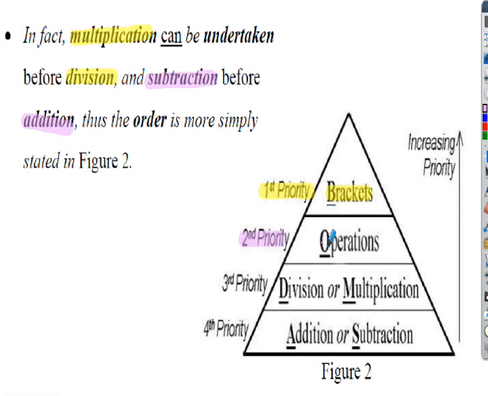The second priority will be the operations, the indices, etc. The third priority on our calculations will be division or multiplication. And the fourth priority will be addition or subtraction. So I prefer to think of BODMAS in the pyramid structure because sometimes it's preferable to multiply before divide or subtract before add.